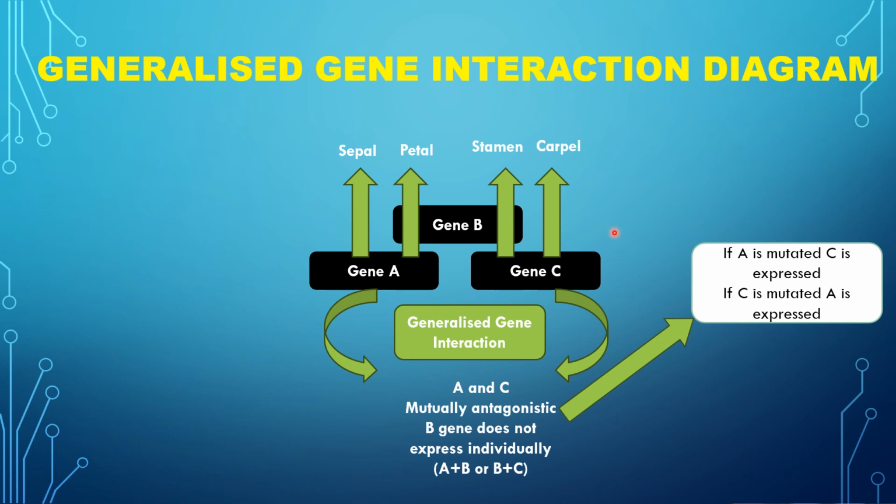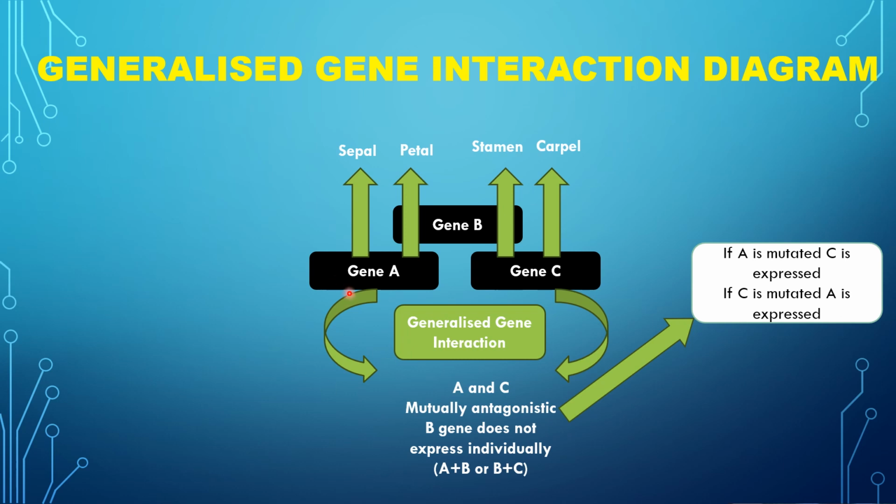Now let's look at the generalized gene interaction diagram. We see here gene A, gene B, and gene C. And now we are going to see what their role is in relation to the production of these four elements or four whorls of the flower.